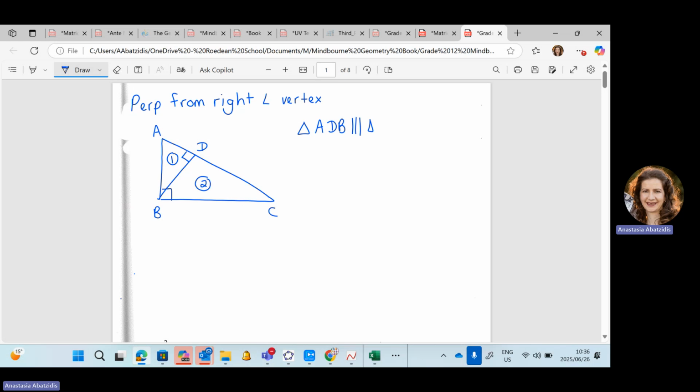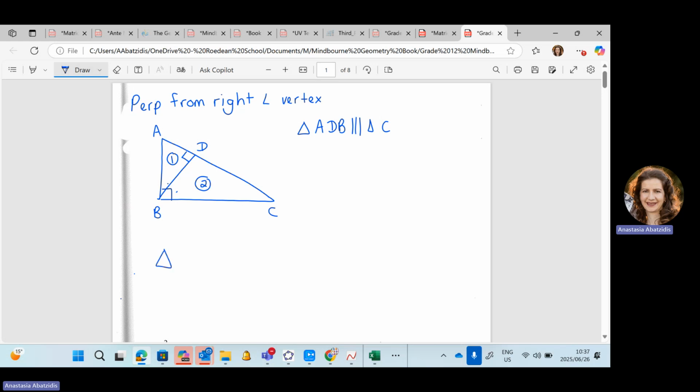If I start at A and go to the right angle and then to B, I'm going to start at C, go to the right angle and then the last one. Let's do it this way.